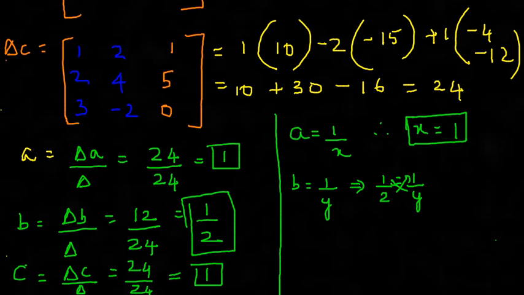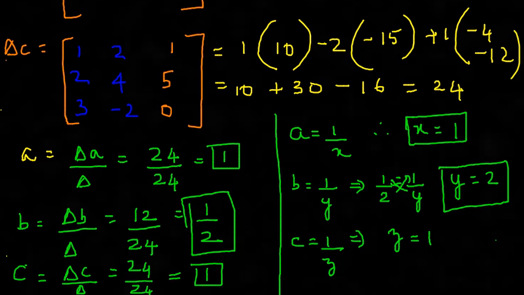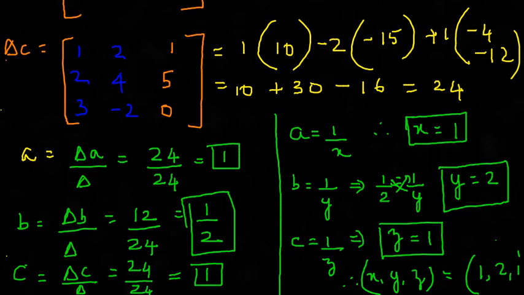Then you cross multiply, you get y is equal to 2. Likewise, c is equal to 1 by z. Therefore, you get z is equal to 1 because c was 1 anyway. So therefore, you get the solution as x, y and z is equal to 1, 2, 1.